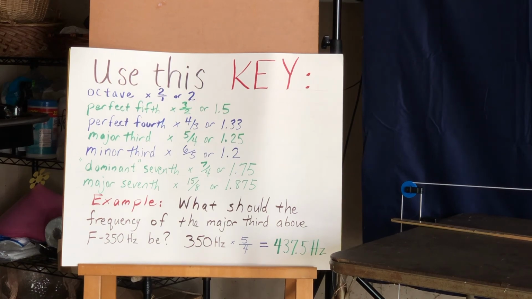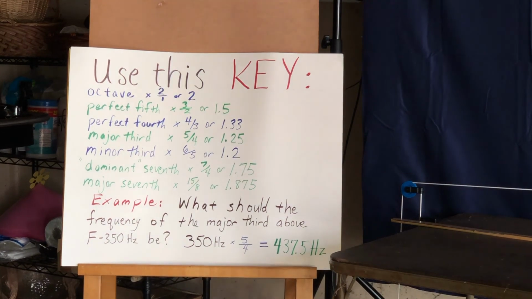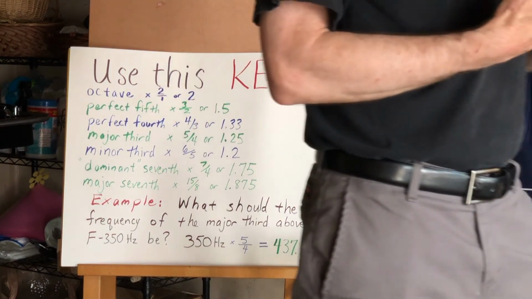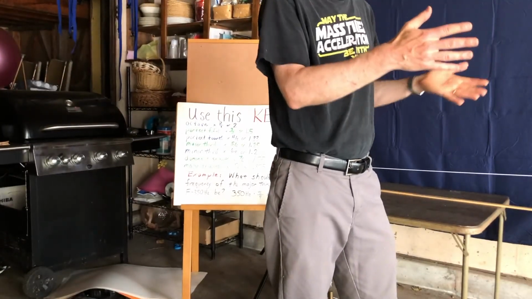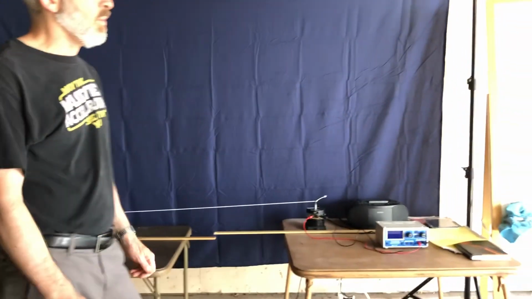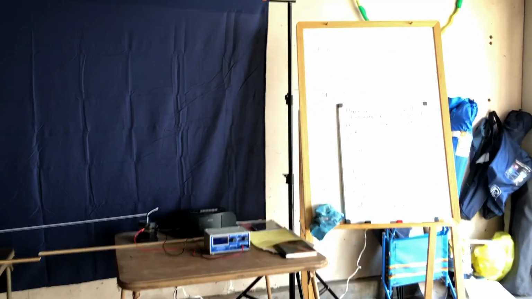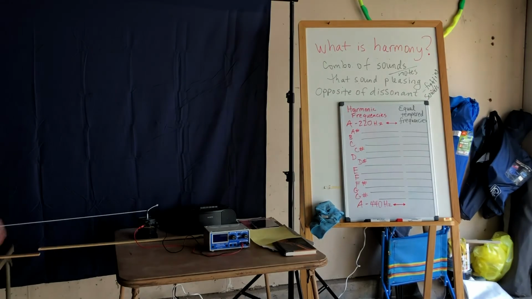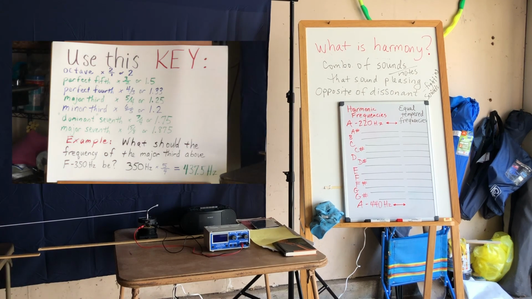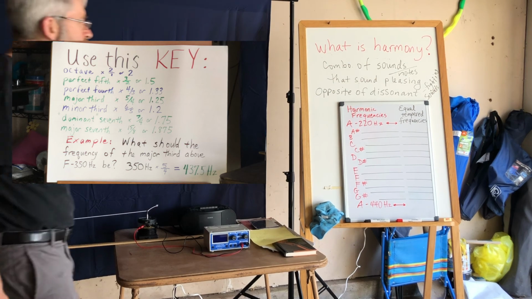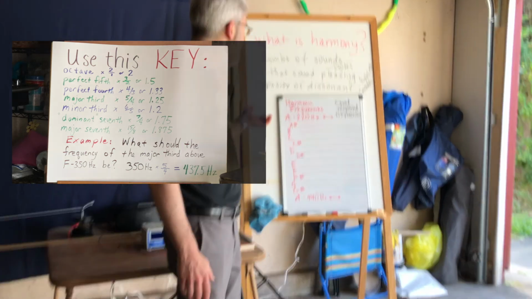I've chosen these frequencies because most people have heard of 440 hertz as the tuning note for the orchestra. It's the A above middle C. So you're thinking about a piano. That would be the note that the oboe or the violin is playing when they're tuning up the orchestra, generally speaking. It's a standard. And according to this, an octave below that would be a 2-to-1 ratio, would be 220 hertz.